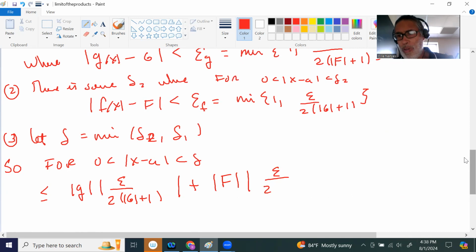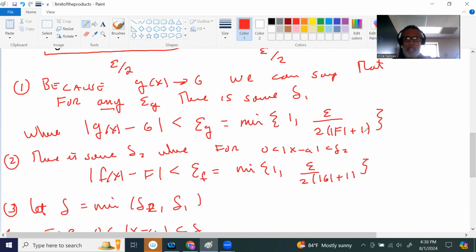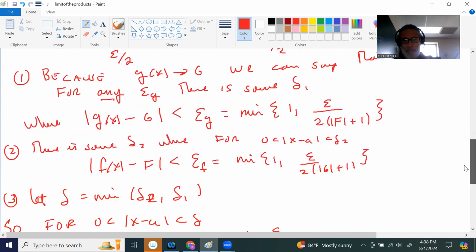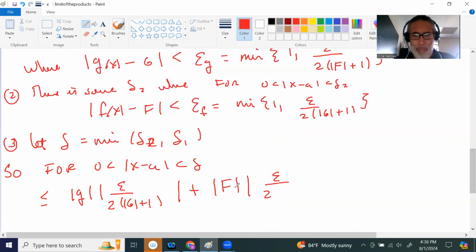And remember, we pick this thing right here because we want this to somehow cancel this F. And again, this 1 here, just make it some positive number that's smallish.